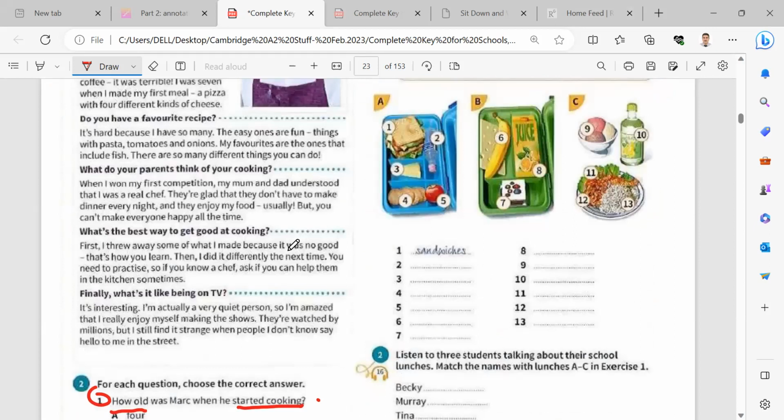I think C. Why? Because here, look, the easy ones are fun. Things with pasta, tomatoes, onions. Okay, my favorites are the ones that include fish. So there are so many different things you can do.